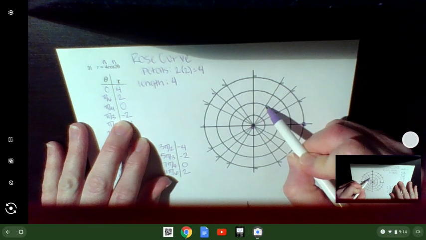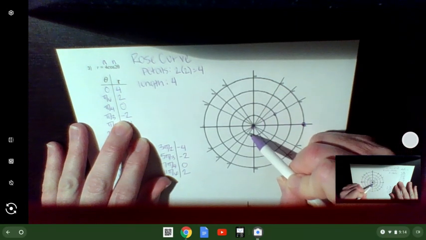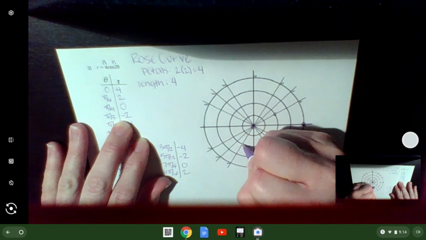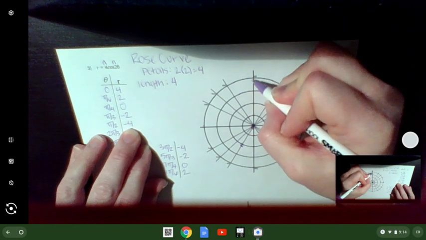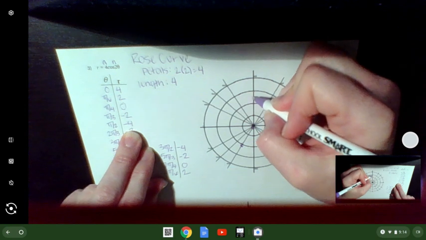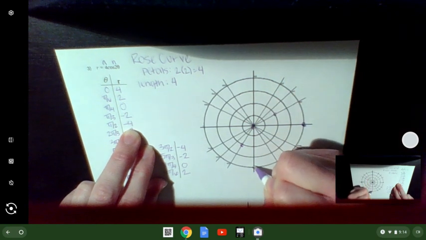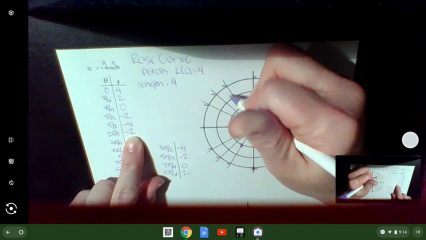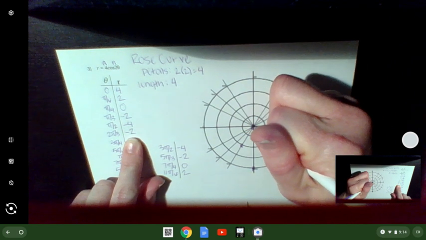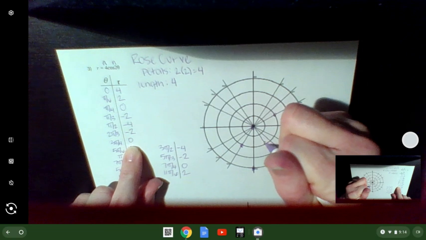Now if it was 2, it would be here, but negative 2, I'm going to go right back through the pole. There's my negative 2. Pi over 2, I'm going to slide down pi over 2 through the pole and out 1, 2, 3, 4. 2 pi over 3, I'm going to slide back through the pole, 1, 2.